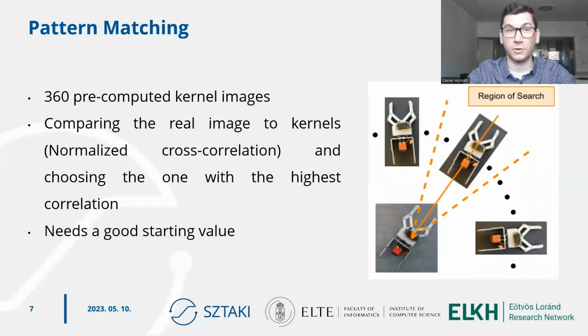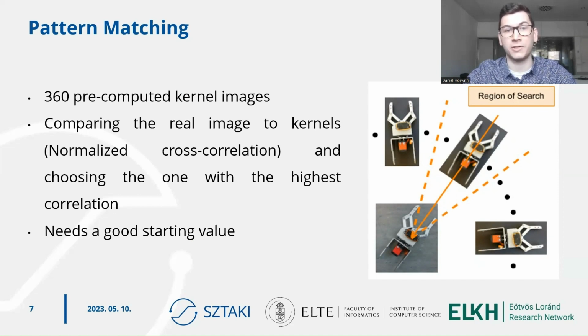And the fourth step, which is an optional step, is the pattern matching. Here we use 360 pre-computed kernel images. So it's previously computed, we don't need to do it on the fly. And it can be more or less depending on how much accuracy we want. With 360, we have one kernel image for each degree. We compare the real image to these kernel images, not all of them, but let's say within a neighborhood.